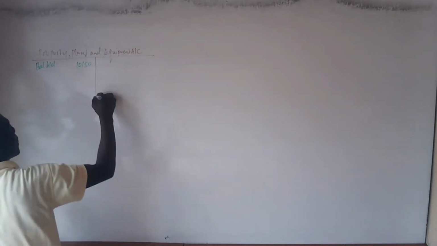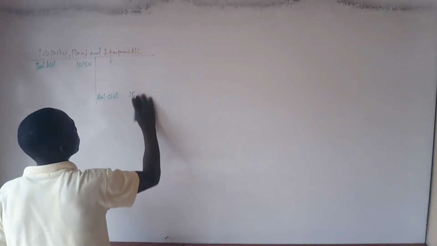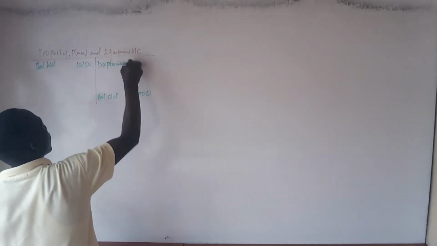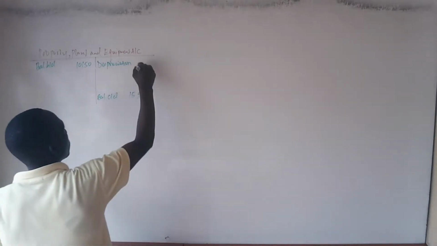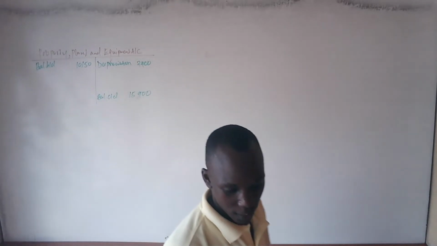We are given 10,150, and then we have the balance carried down of 15,900. Then we have the depreciation of 2,400. Our shillings are given in millions in this case.